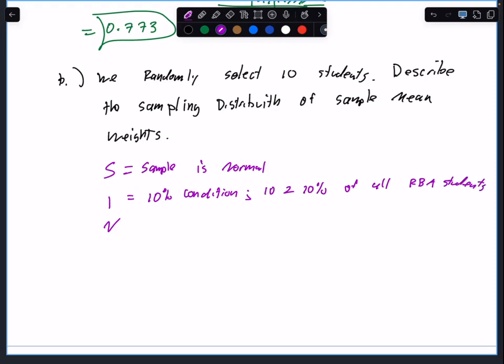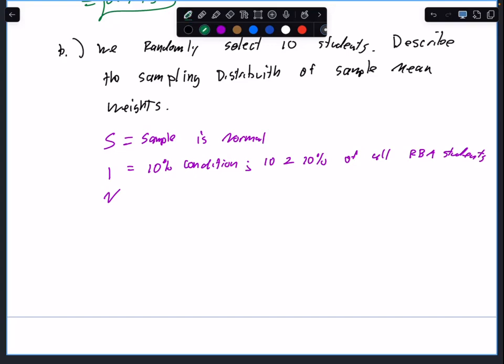The population is RBA students, and our sample size is n, so 10 is less than 10%. That's the 10% condition. Basically, just to reiterate, these first two things together signify that we can make the assumption. These are what we call the conditions. And if the population is not normal, what is the sample? It's random.